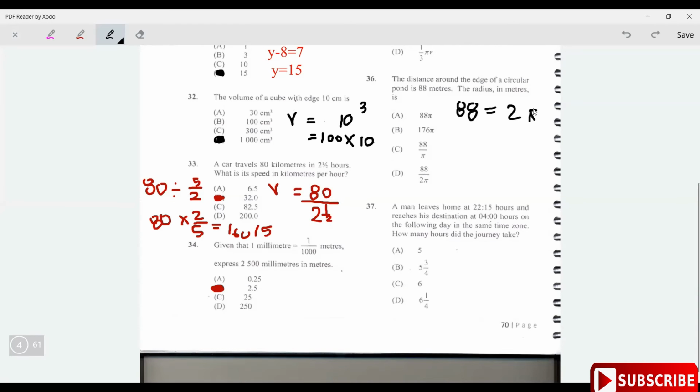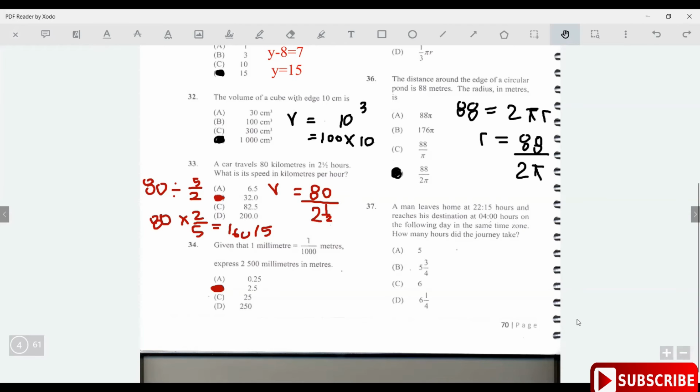And so if 88 is equal to 2 pi r, how do you find r? You divide both sides by 2 pi, and so r would be equal to 88 over 2 pi. That's how you find the length of the radius of this circular pond, which is option D. Easy question.